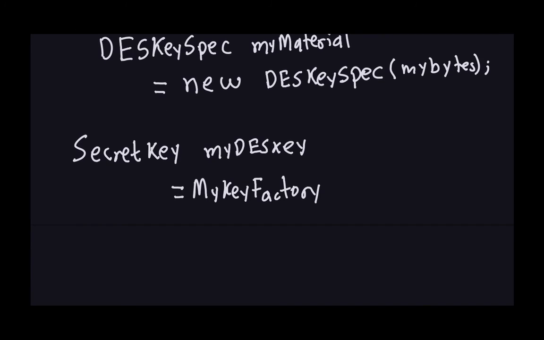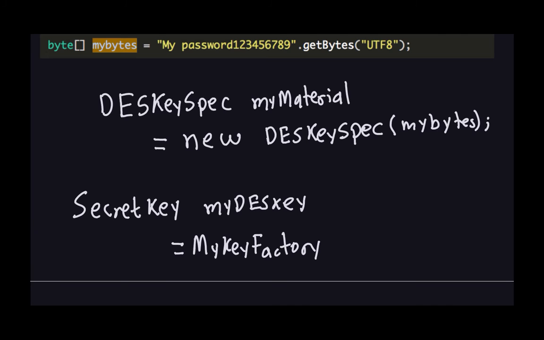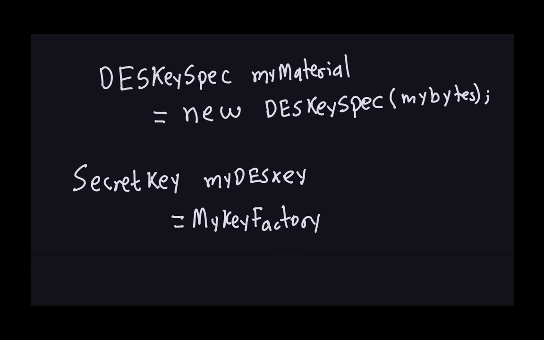What you want to do is generate the key with whatever the material is, in this case my material, because that's how I called that material. So it's going to be key factory dot generate secret, and inside the parentheses, again supposed to be on only one line, it's going to be my material.